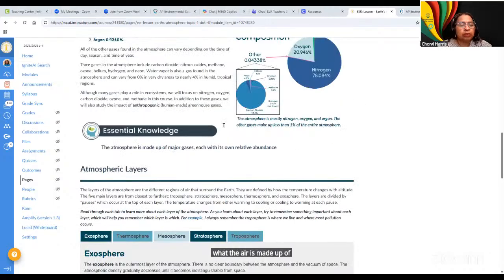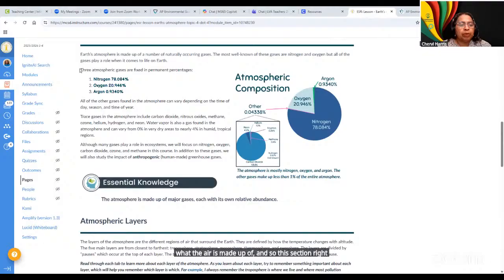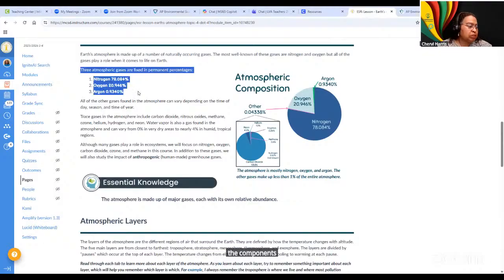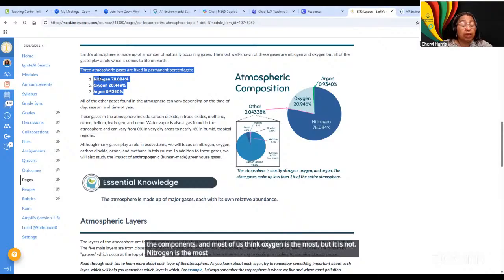So this section right here, the components. Most of us think oxygen is the most abundant, but it is not. Nitrogen is the most abundant gas in the atmosphere. We inhale it, but we exhale it because the body doesn't use it like that. We need it, but we get our nitrogen from the things we eat and not from the air.